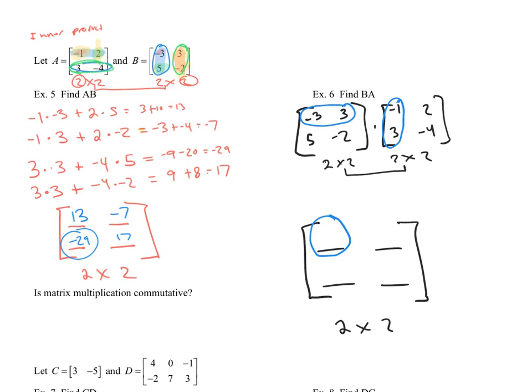Okay, so let's look at this as negative 3 times negative 1, plus 3 times 3. And that ends up equaling 3 plus 9, which is 12.